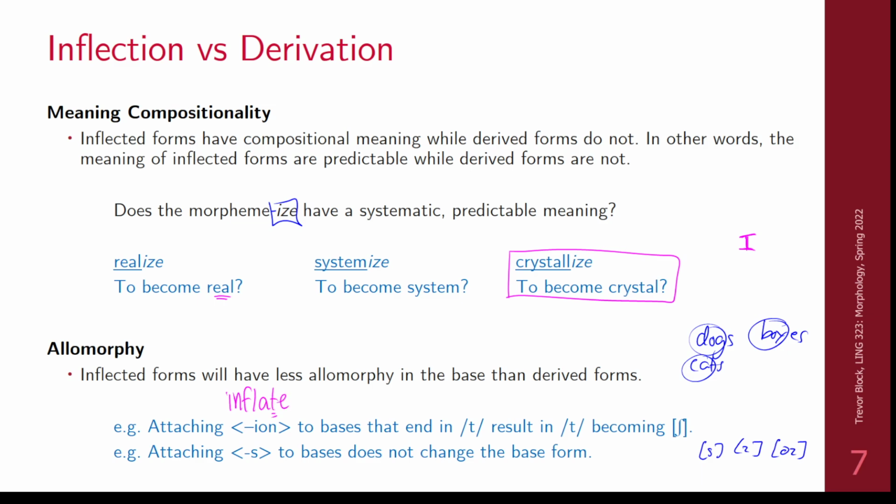But when we add this suffix ion to get inflation, it's not just the ion that we're adding, we're also changing the base, inflate. So this is derivational, since you might see some allomorphy in the base with derivational morphemes. Okay, so inflection, we don't really see base alteration as much. With derivation, we can.